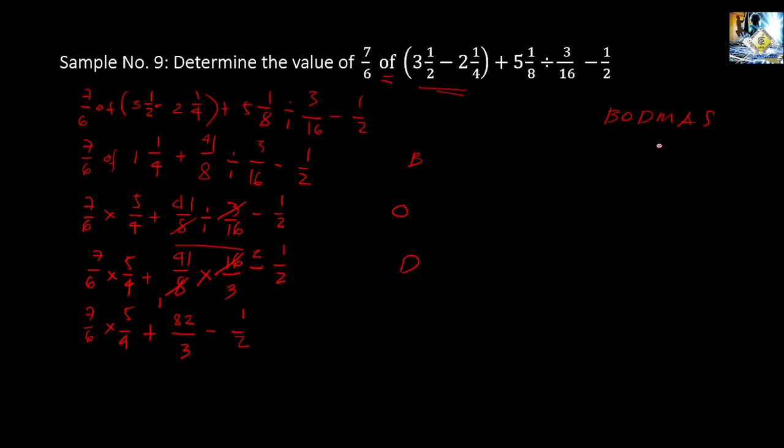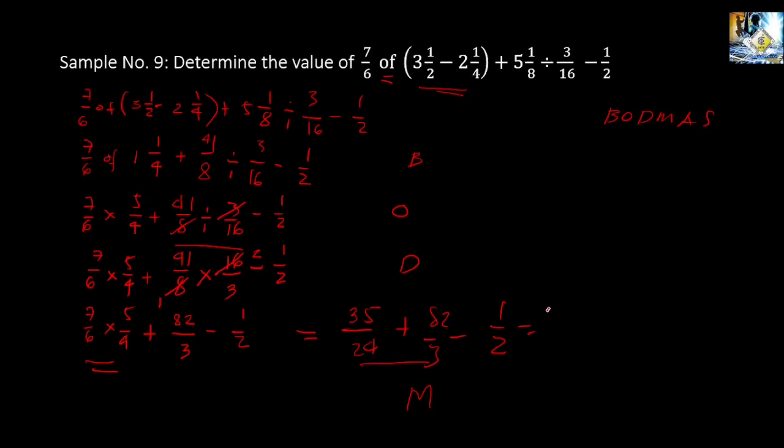So what is the next one? BODMAS. Then multiplication. So before you can proceed again, multiplication: 7 times 5 is 35, 6 times 4 is 24, plus 82 over 3 minus 1 half. Okay, we are done with multiplication. What's next? Addition.